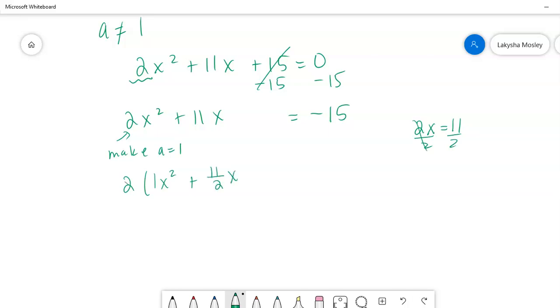These 2's will cancel out, and see, that will basically leave me with, again, 2x squared, because I would distribute this to here for 2x squared. 2 times 11 halves, the 2's will cancel out and leave me with an 11. All right? So now, that's my b term. So now I'm going to take the b term, which is 11 halves, and I need to divide it by 2. Well, when you divide by 2, you're halvening something. So I'm going to multiply this by 1 over 2.